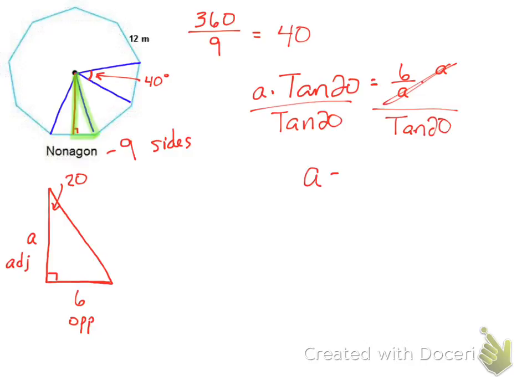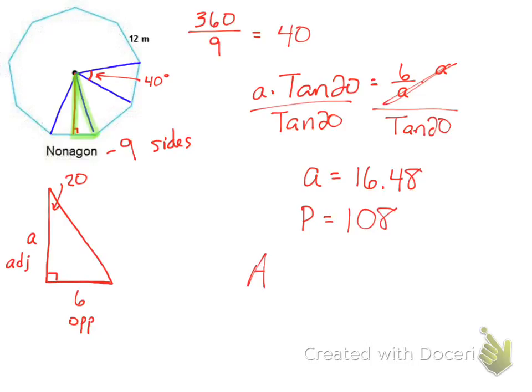So when I do that, I get my apothem is equal to 6 divided by the tangent of 20. It gives me 16.48. Again, I've got 9 sides that are all 12, so I get 108 for my perimeter.